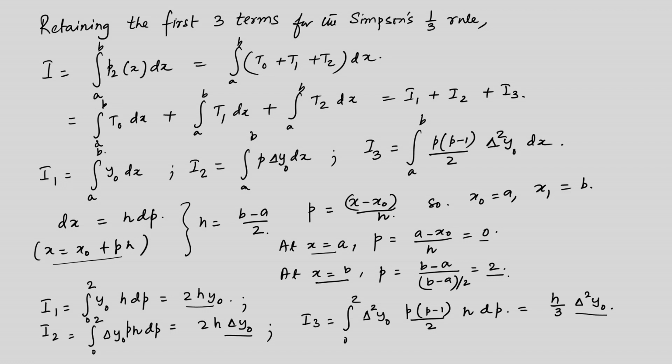So, now how do we calculate all these and get a form for the integral? So, our I becomes equal to h times 2 y 0 plus 2 delta y 0 plus delta square y 0 over 3.